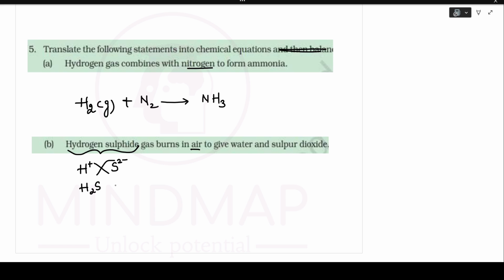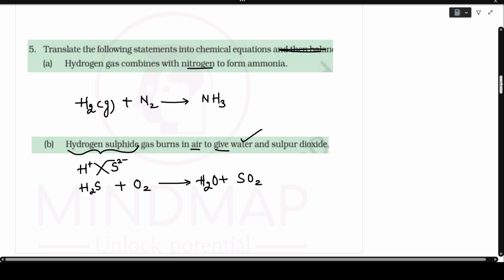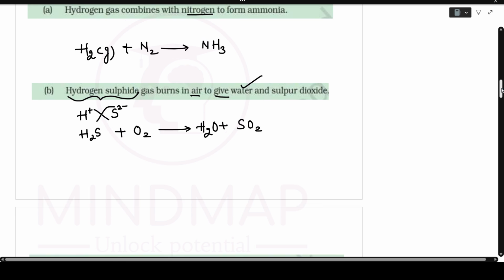Air means oxygen, O2. What does it give? The products are water, we know how to write water, H2O, plus sulfur dioxide, SO2. So, this is the chemical equation for the second reaction.